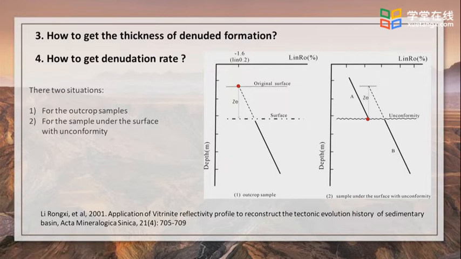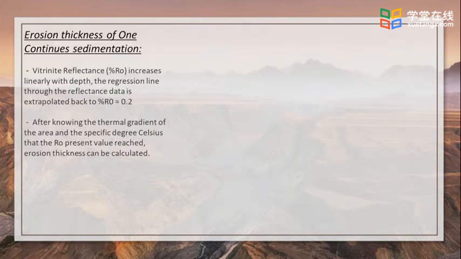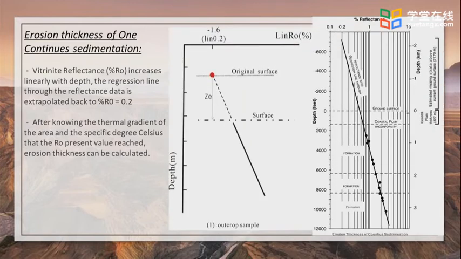And here we can estimate the thickness of erosion from, firstly, the erosion thickness of one continuous sedimentation. The vitrinite reflectance Ro increases linearly with depth, and that we know.